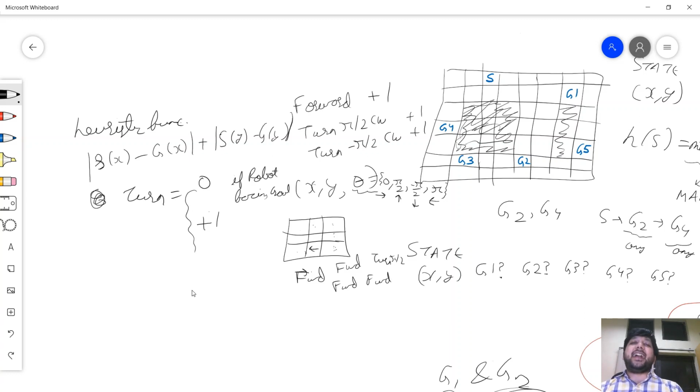On the other hand, if you have goal in line, but you are 180-degree turning away, then you'll have 2 as the goal turn factor. And similarly, if you have the goal in any one of the quadrant, but you are not facing that quadrant, then you'll have to make an additional turn.